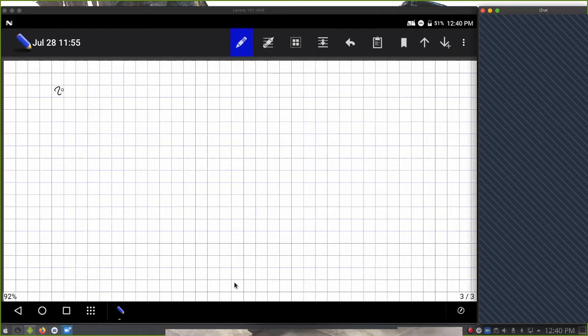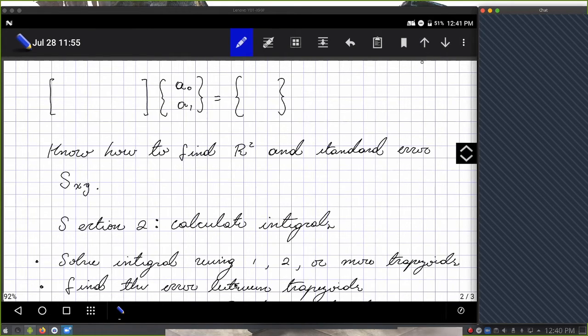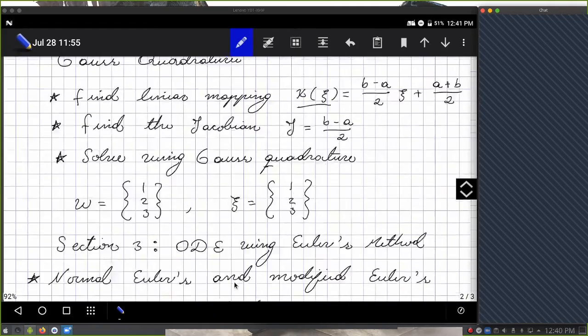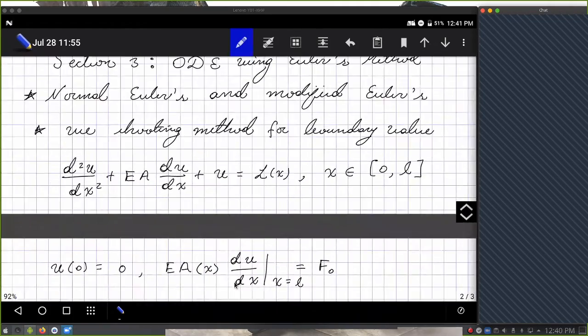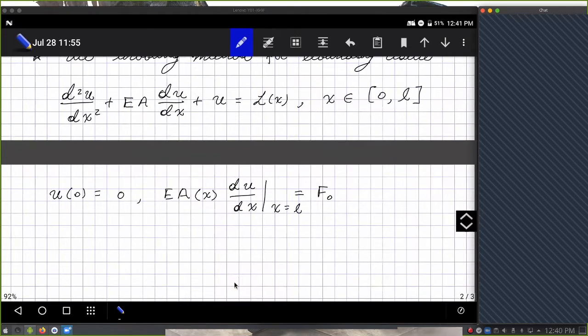Then if I gave you some initial conditions like the displacement at 0 is 0, and the force, and of course the area and the Young's modulus change because we're not in solid mechanics, and du/dx evaluated where x is equal to the length, this will be an f naught. So this is the equation of the deflection of a beam from 0 to L, and then I have some initial conditions.